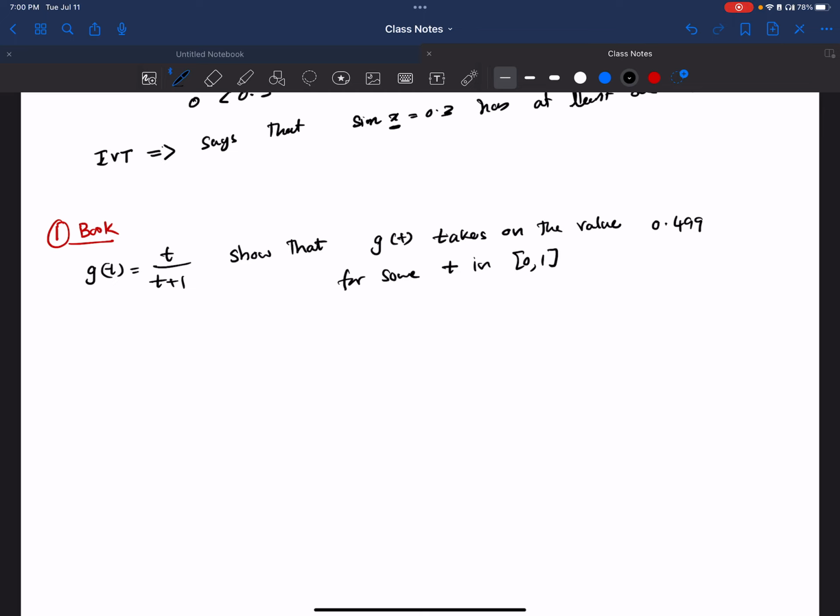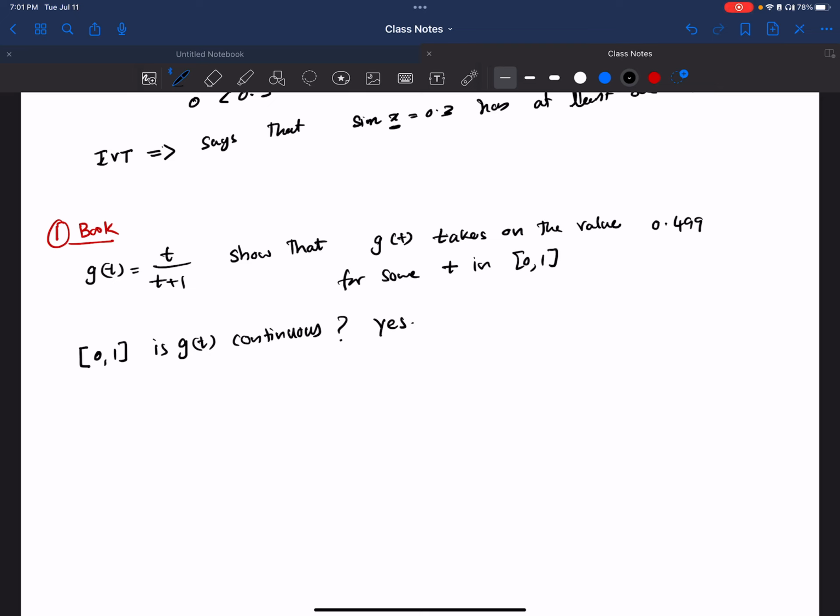Now consider this interval 0 to 1. Is g of t continuous in this interval? Yes, it is continuous.